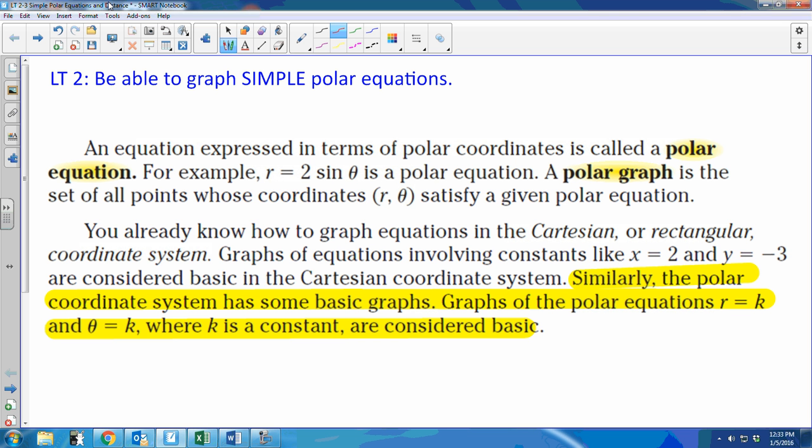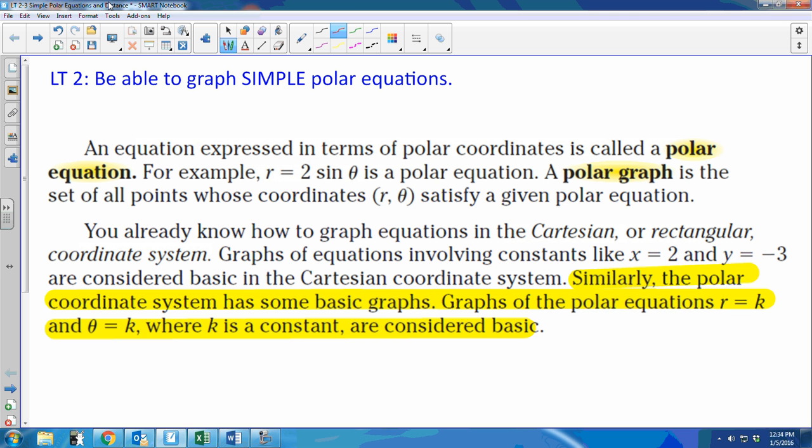Now, in rectangular coordinates, we have two very basic graphs that we should know. One is x equals a constant and the other is y equals a constant. So here are the examples. x equals 2. If you're supposed to graph x equals 2, what does that look like? What kind of line?